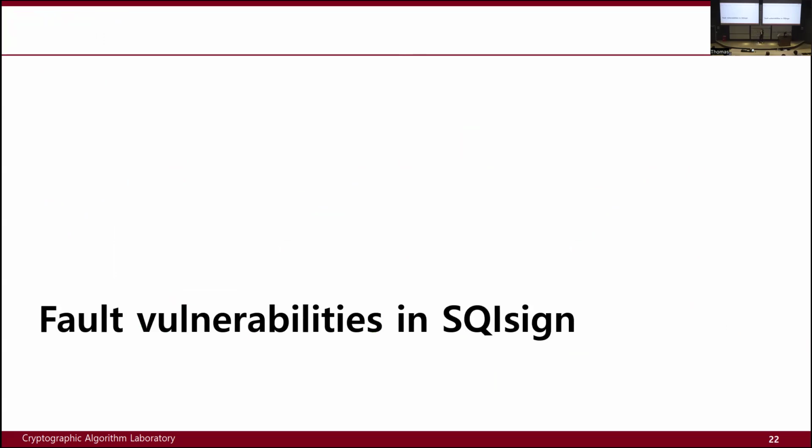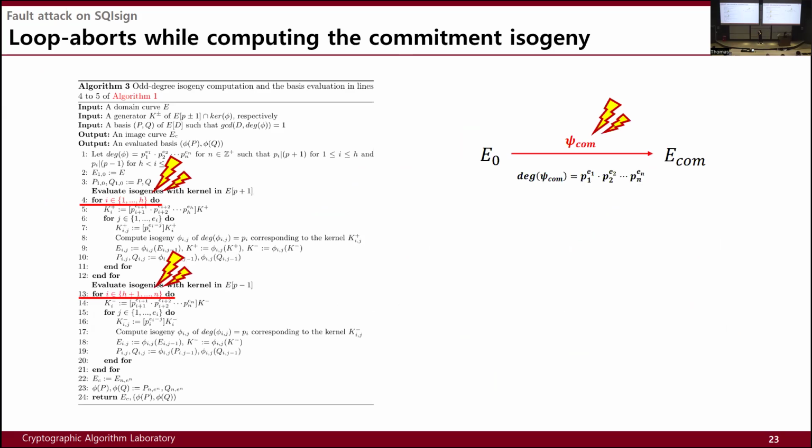Let's check the fault vulnerabilities we found in SQISign. The first one is a loopable vulnerability while computing the commitment isogeny. Computing the isogeny is performed using a for loop, and the operation for each kernel, E and its twist, involves two nested for loops.